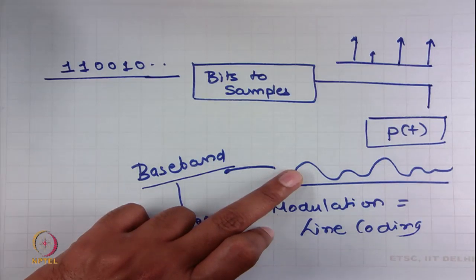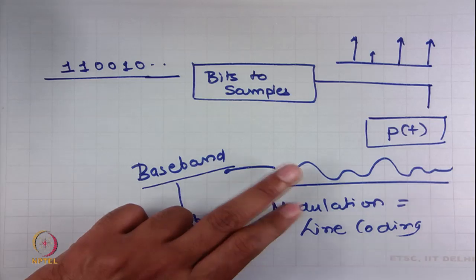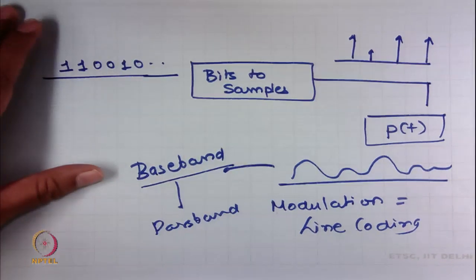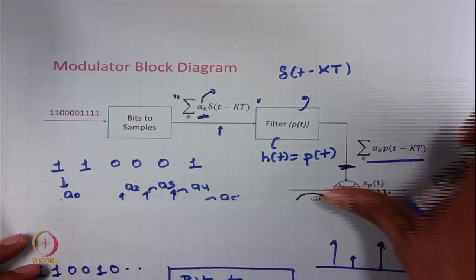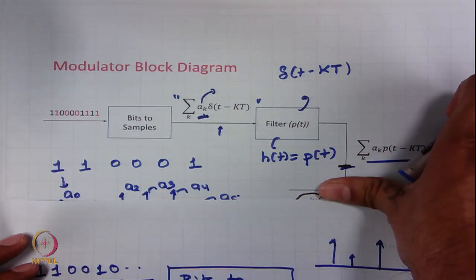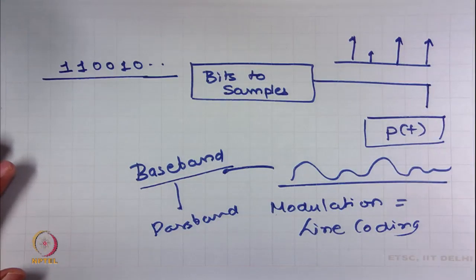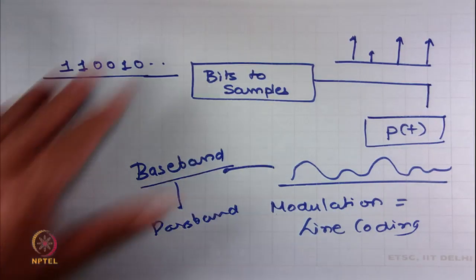So, a modulator is the same thing as a line coder, if we are just confining ourselves to this step.